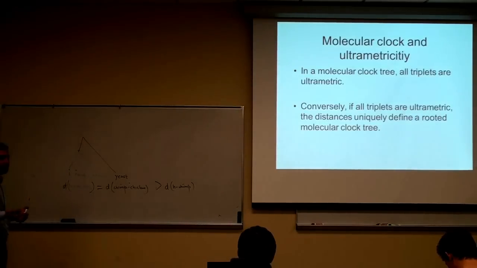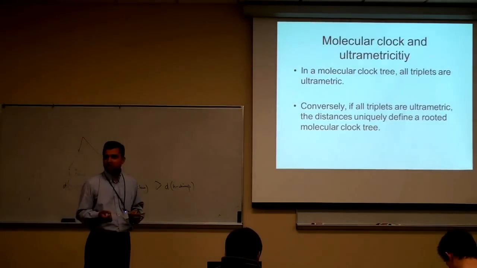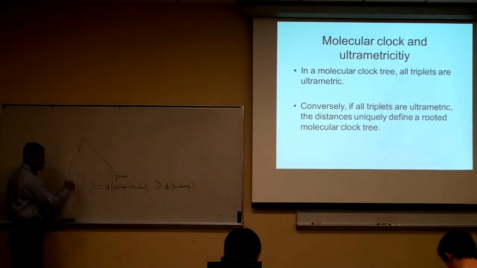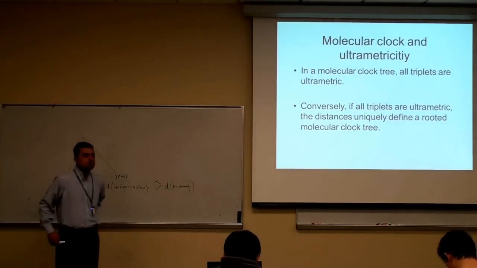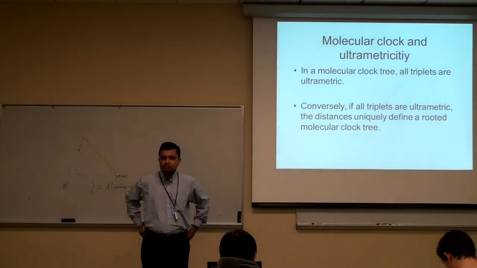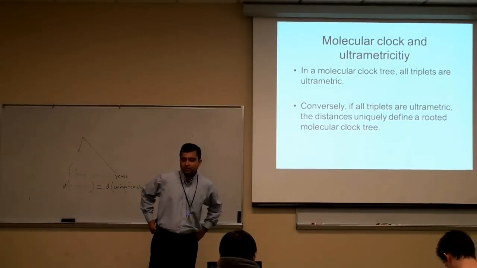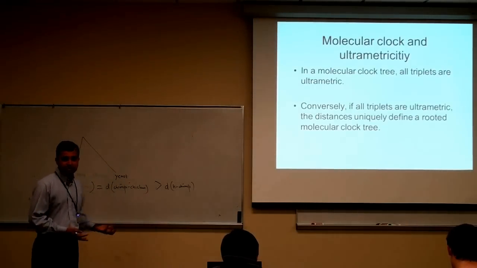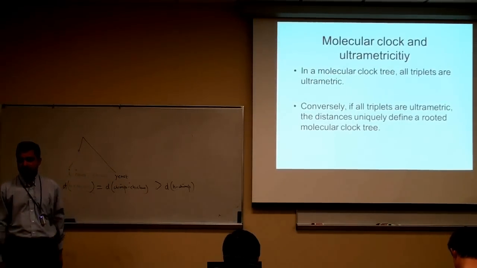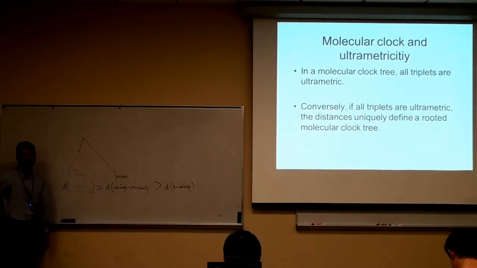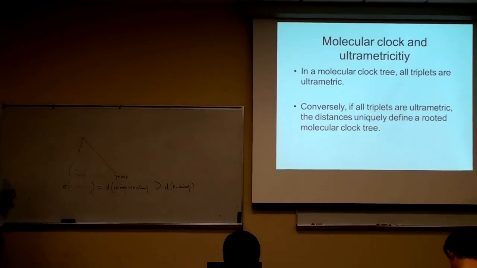Then you can be assured that there is a tree you can output which will have this nice property that every pairwise distance will be equal to the corresponding pairwise distance in the given matrix. And that was how I motivated the problem, right? You're given the distances and you have to find a tree that matches those distances. Matches in the sense of path lengths between species being equal to the pairwise distances. Is this clear?